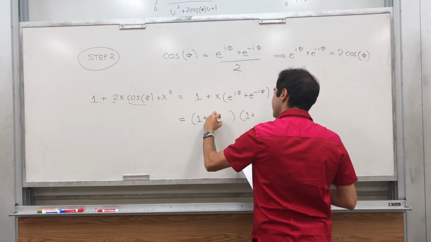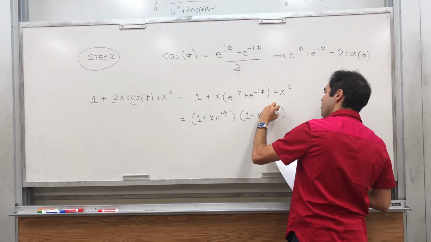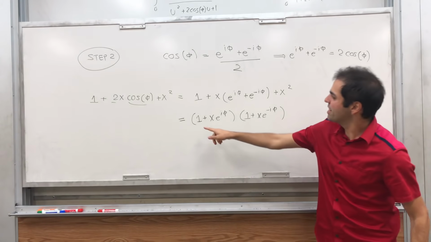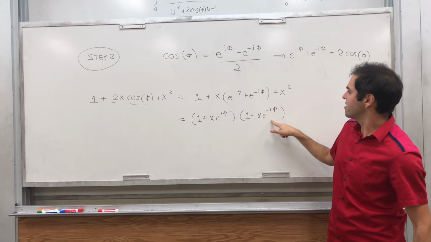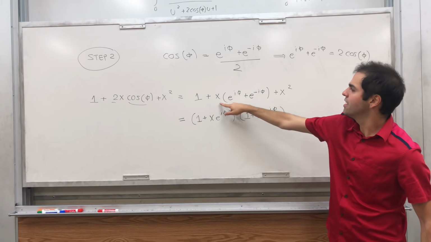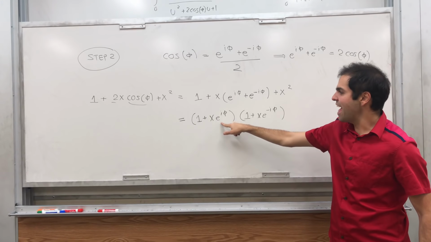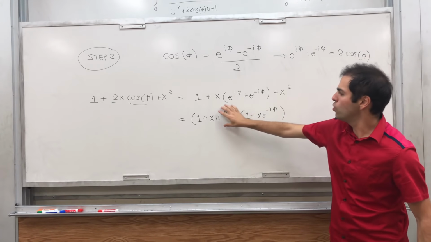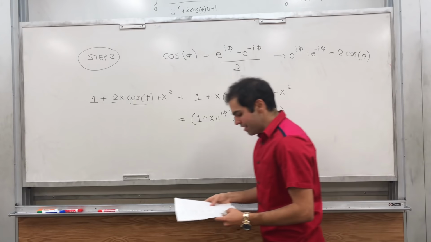So try this: 1 plus x e to the i phi times 1 plus x e to the minus i phi. And this precisely works because 1 times 1 is 1. 1 times x e to the minus i phi plus 1 times x e to the i phi is this term. And then if you multiply those two, you get x e to the i phi times x e to the minus i phi, and those two cancel out, and you do get x squared.